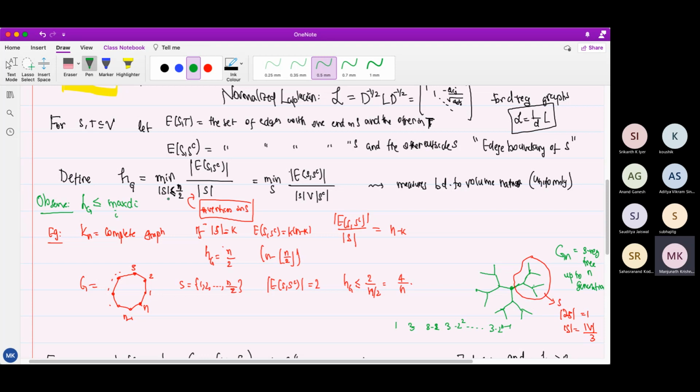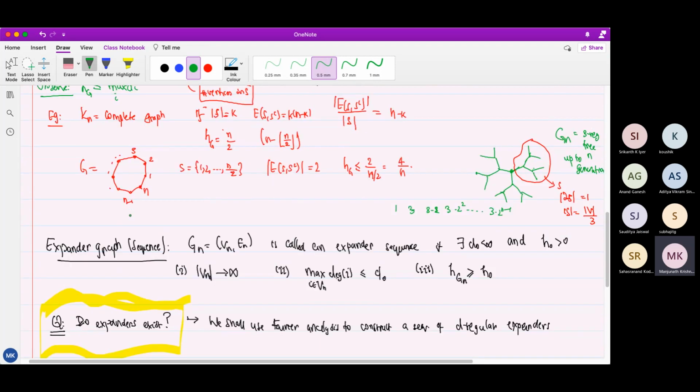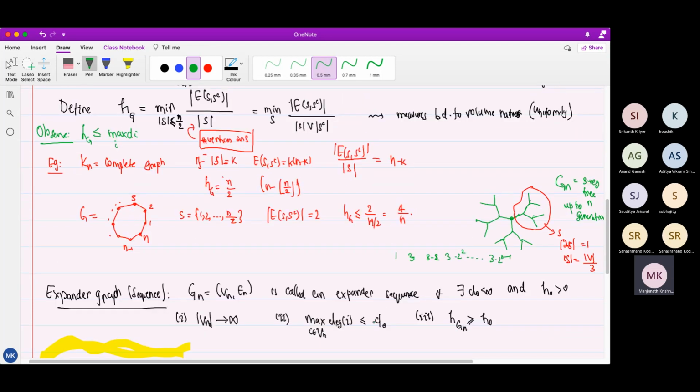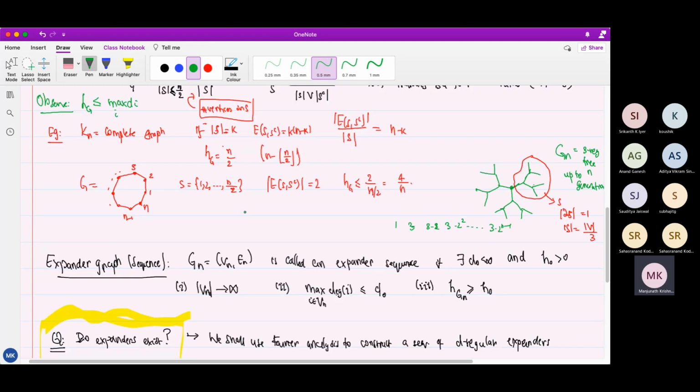It can never be more than that, because from each vertex in S, at most this many edges can come out if the max degree is D. So this is at most max degree times the size of S. So if you divide, you get that it is at most this. If I put a bound on the degrees, then you can't have something growing like n by 2. This only happens because the degrees are growing like n. So that is the point here.